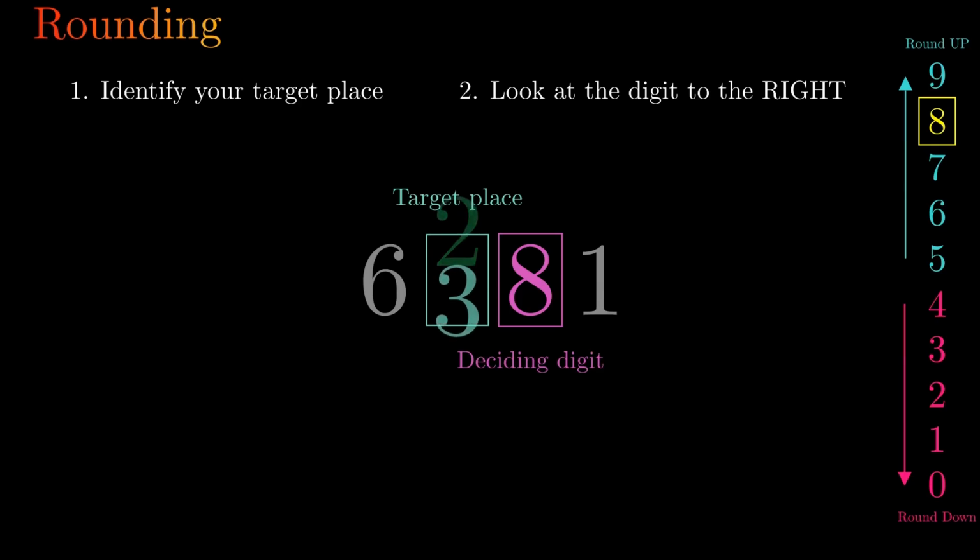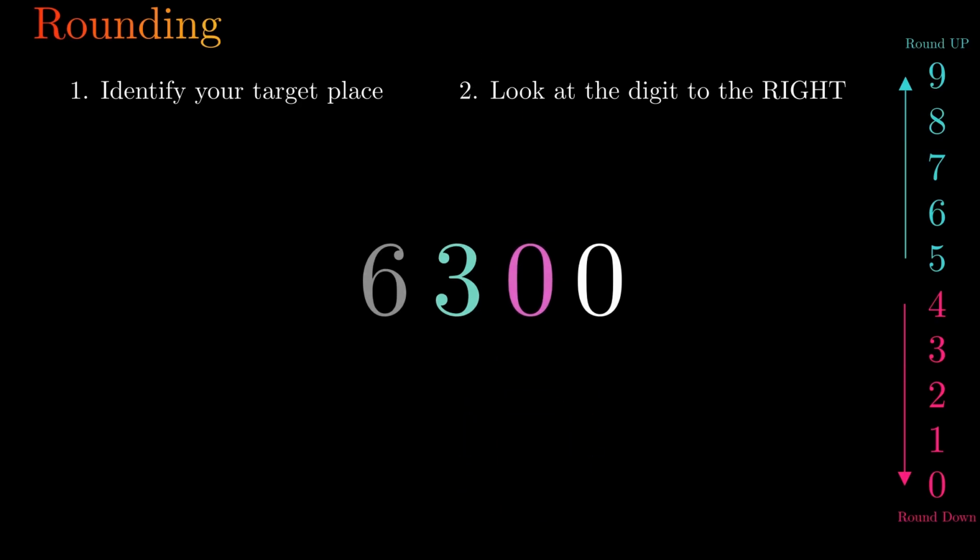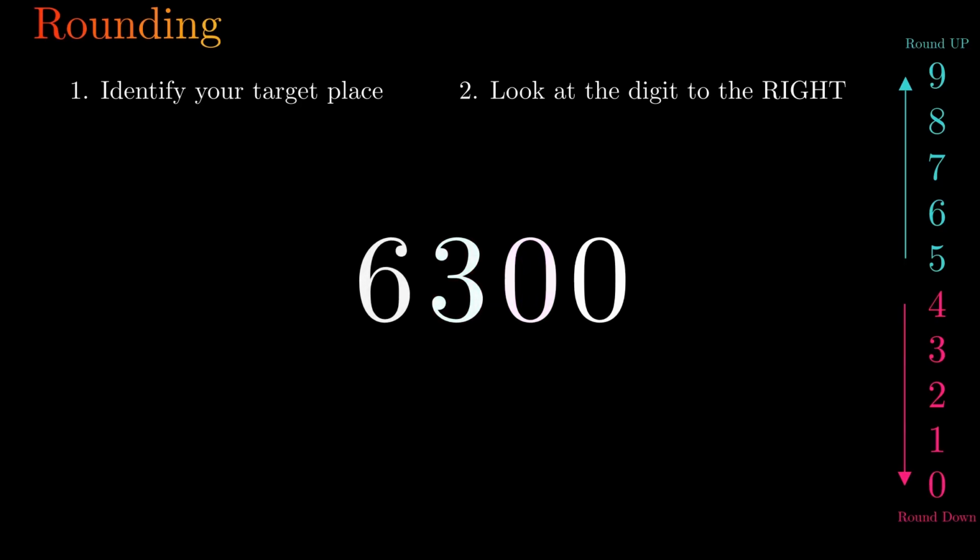The 2 becomes a 3. Everything to the right of the target becomes a 0. So 6,281 rounds up to 6,300. And that's it. In short, understanding place value tells you which digit to look at, and rounding is the process you follow based on that digit's value.